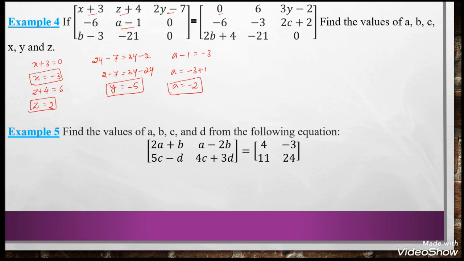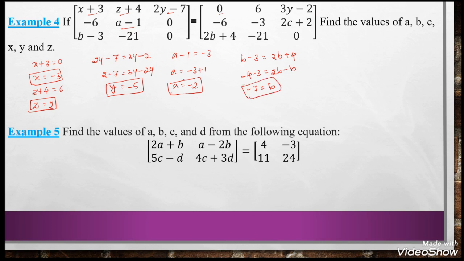Again, we have to choose b minus 3 is equal to 2b plus 4. Now we have to take b on this side, it becomes minus 4 minus 3 is equal to 2b minus b. So the value of b is minus 7 by 6.